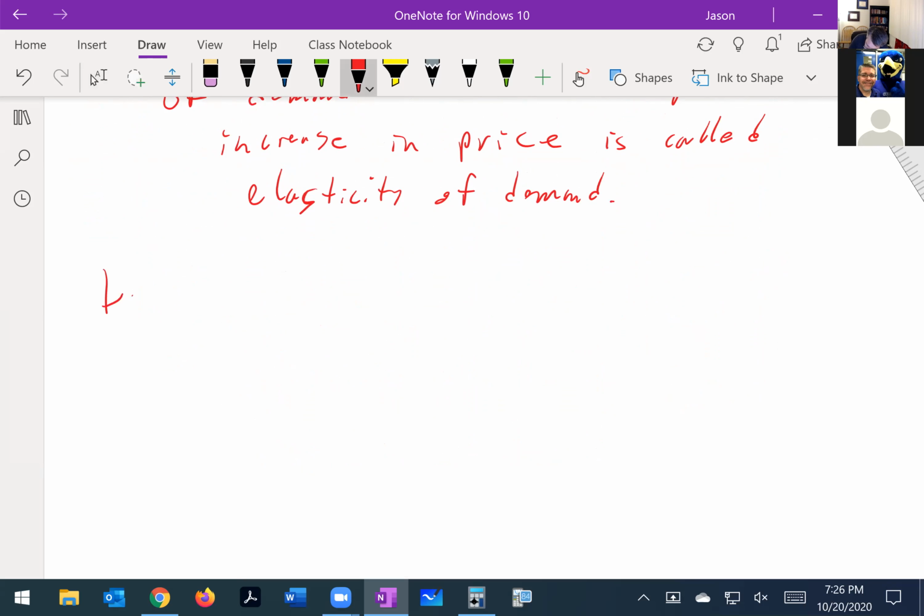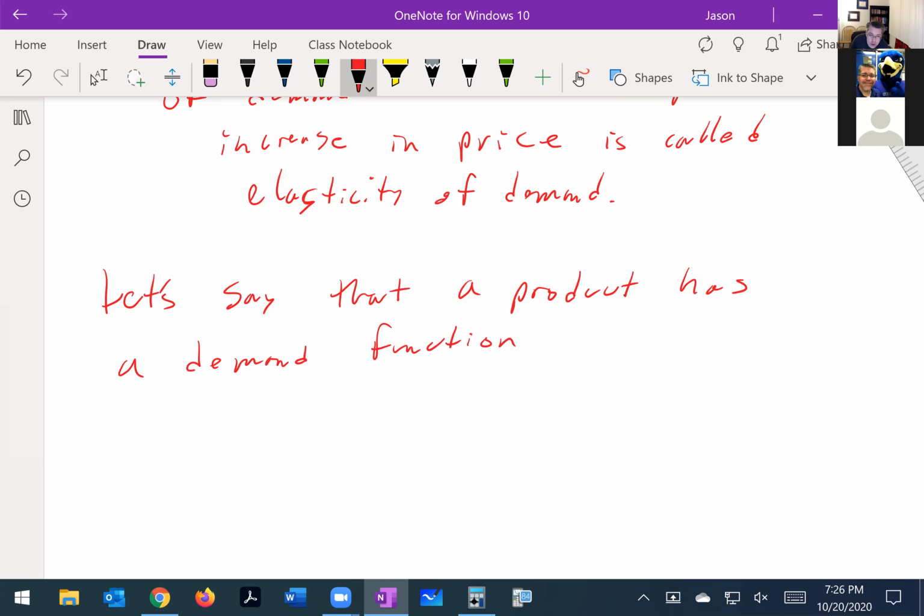Let's say that a product has a demand function, and demand functions usually decrease. Why do demand functions usually go down? Any ideas?